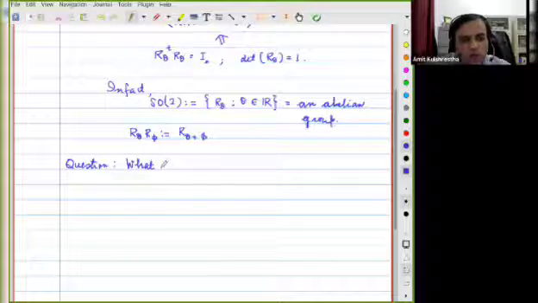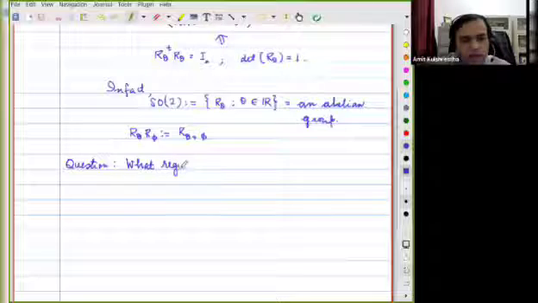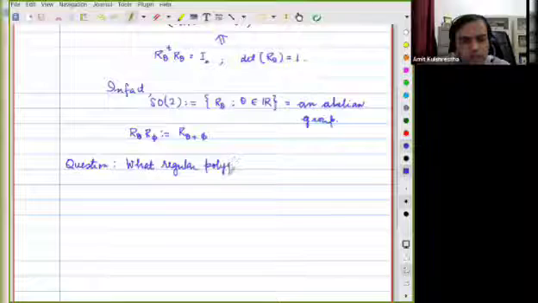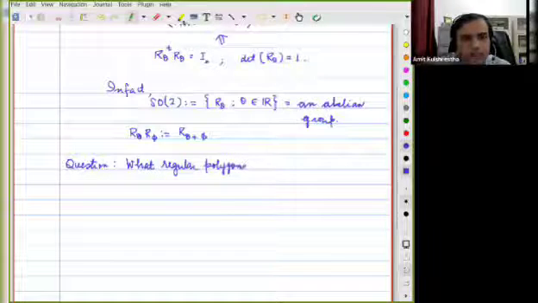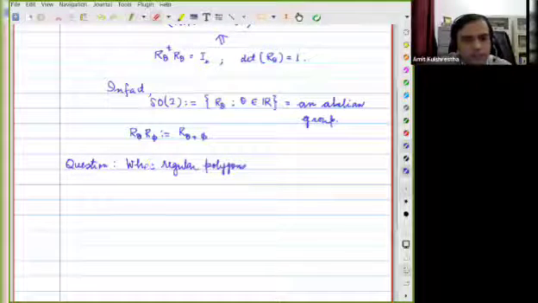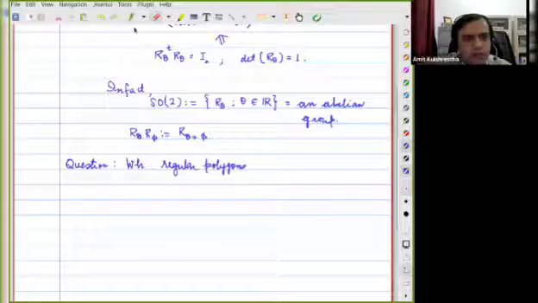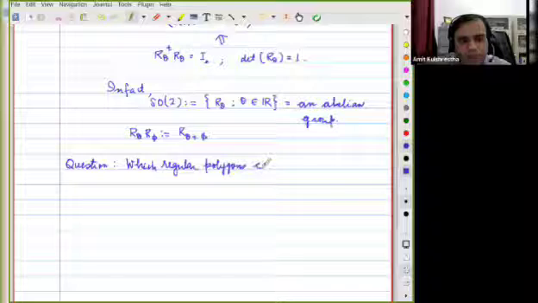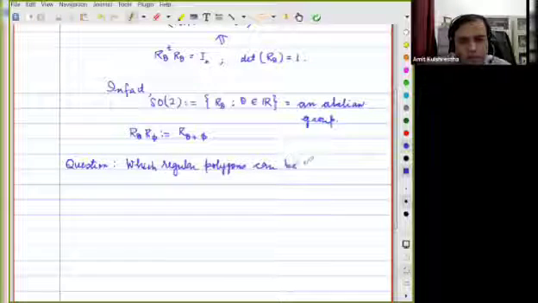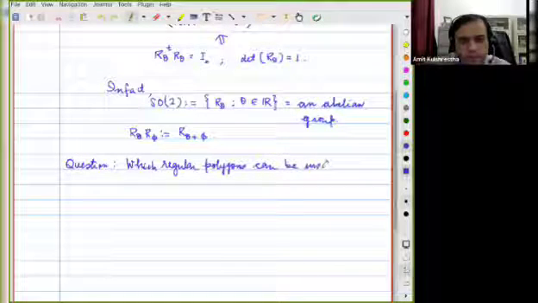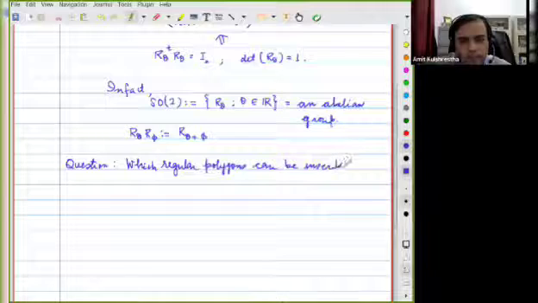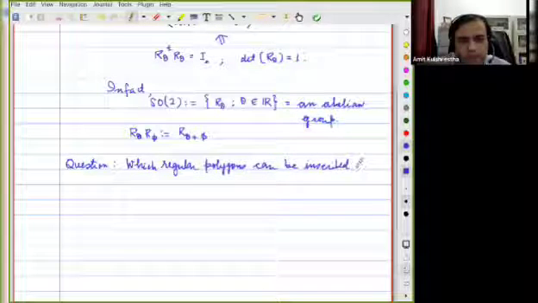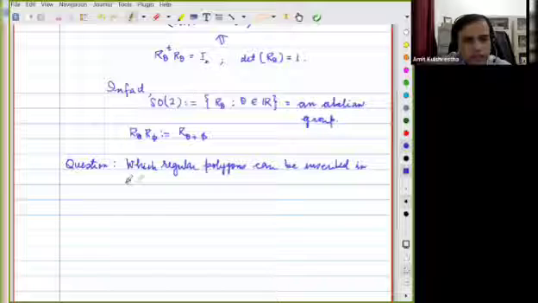So which regular polygons can be inscribed in a circle?